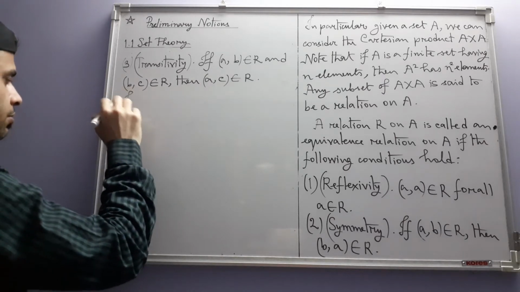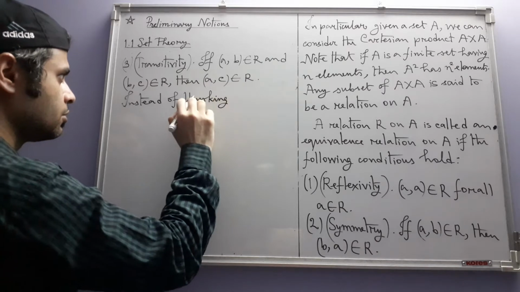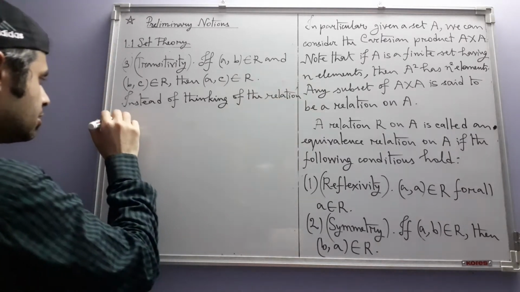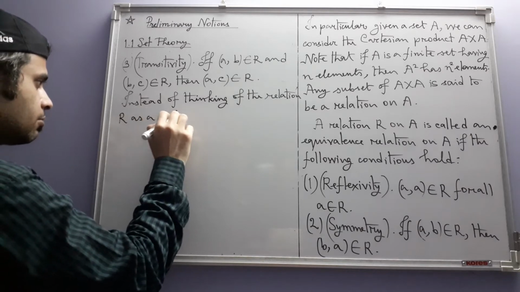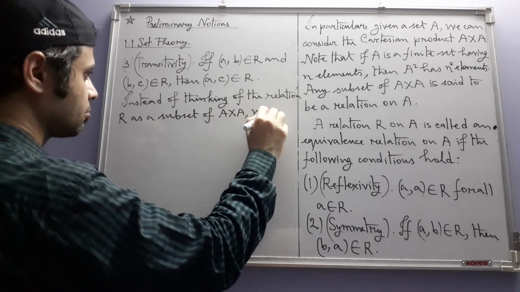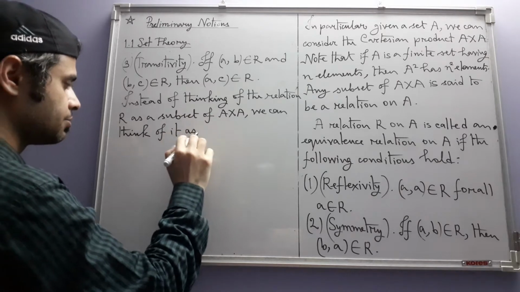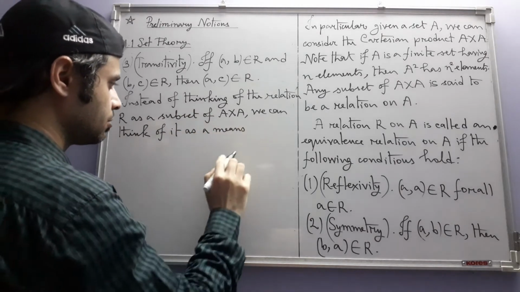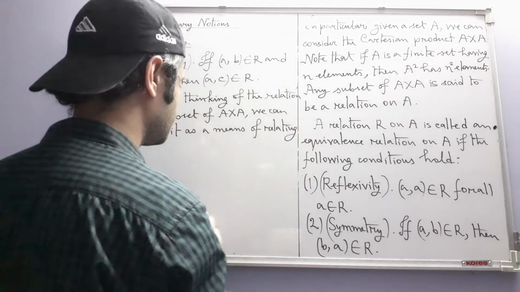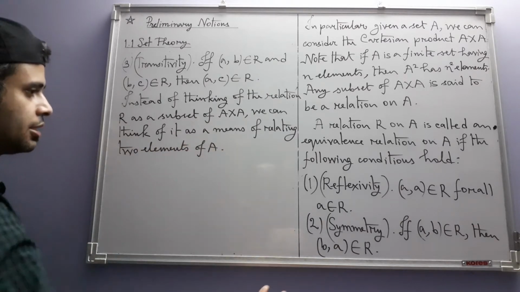Instead of thinking of the relation R as a subset of A cross A, we can think of it as a means of relating two elements of A. Actually, that's what it's doing, right?